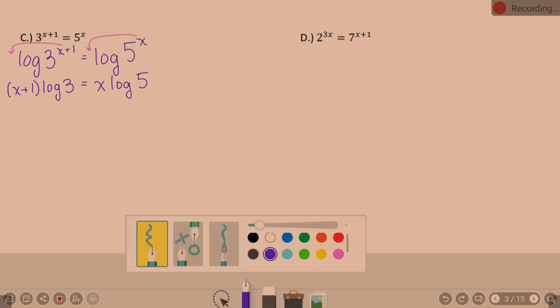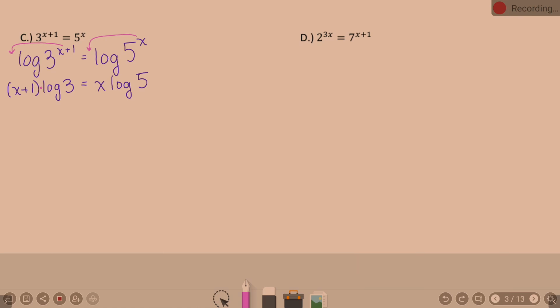Okay? So what do I mean here? If this is x plus 1 times log of 3, what are we going to do? That log of 3 multiplies by both terms in the parentheses. Okay? It's just like saying what's x plus 1 times 3, which is 3 times x plus 1. Okay, we're multiplying that log 3. Now, what is log 3 times x?